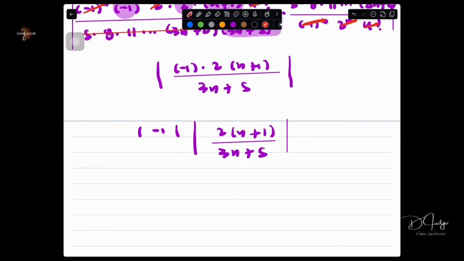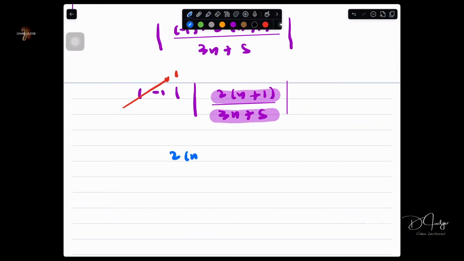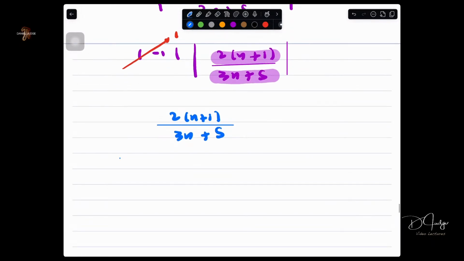Absolute value of negative 1 is positive 1. And all the terms inside here are positive. So that means we end up with 2 times n plus 1 over 3n plus 5.